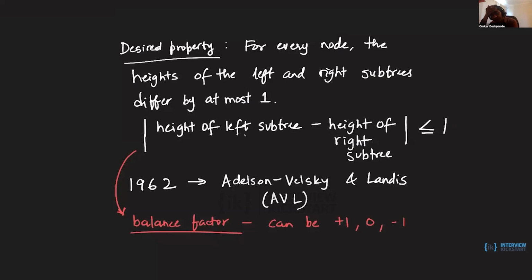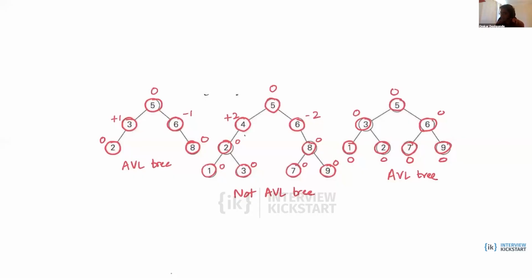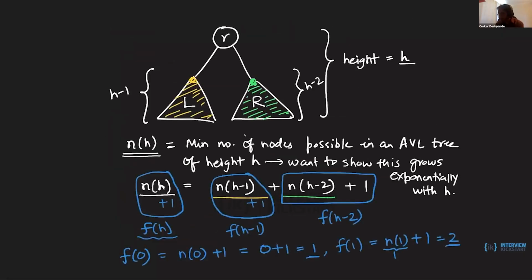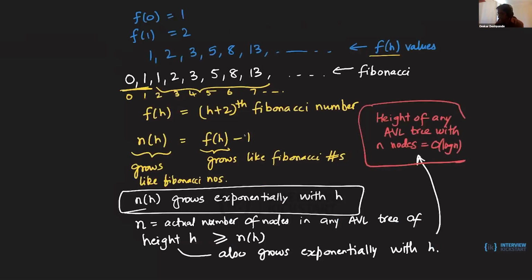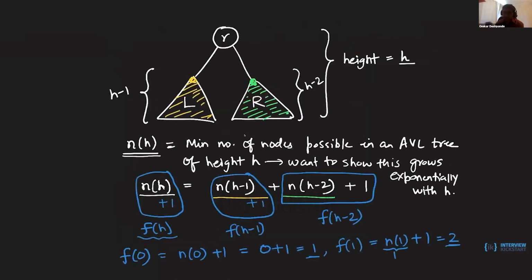The claim is that the height of that tree is going to be log n. You pick the middle node, you make it the root, and you recurse on the left side and the right side in trying to construct that tree. But what is the guarantee that the height of that tree will be log n? That guarantee comes from the proof that we did, which I didn't really do there because we weren't discussing AVL trees formally there.